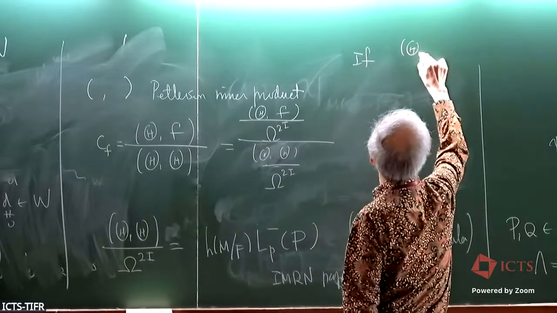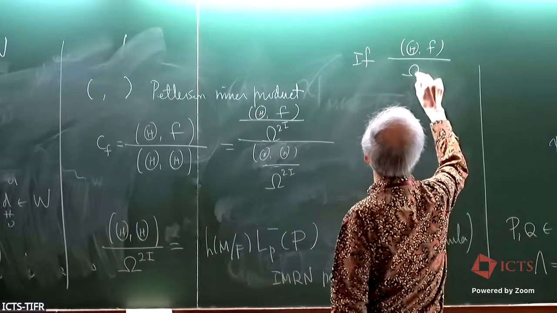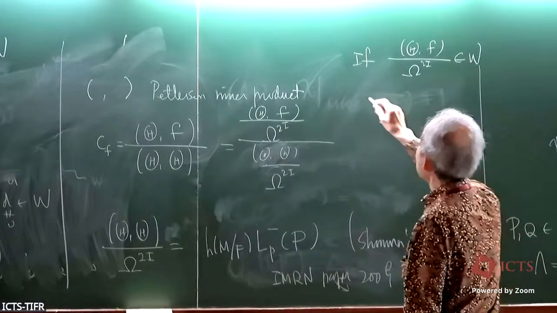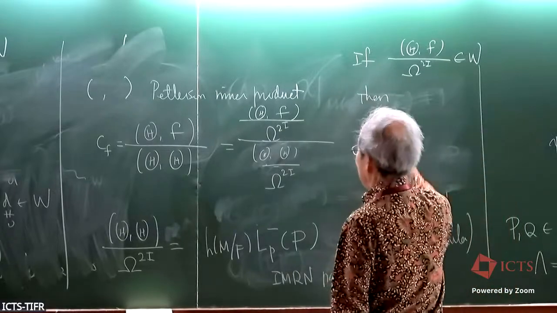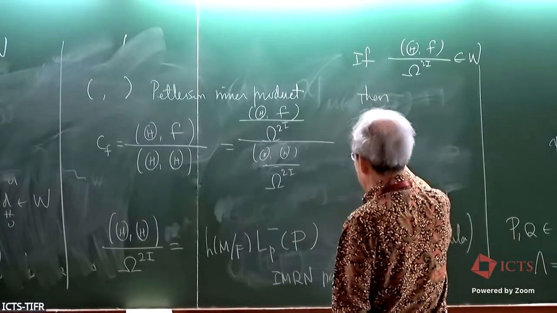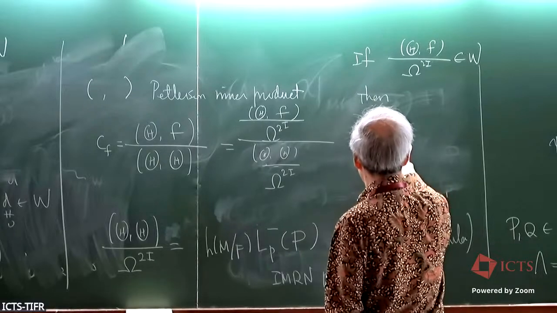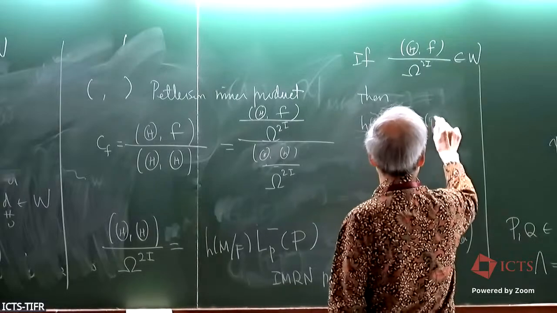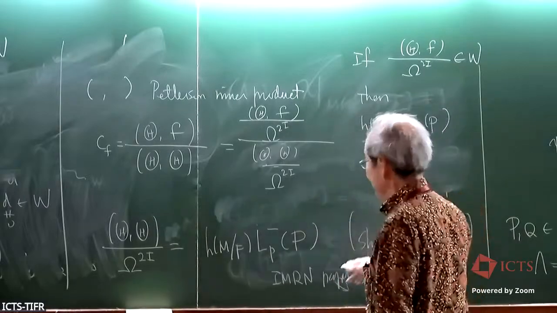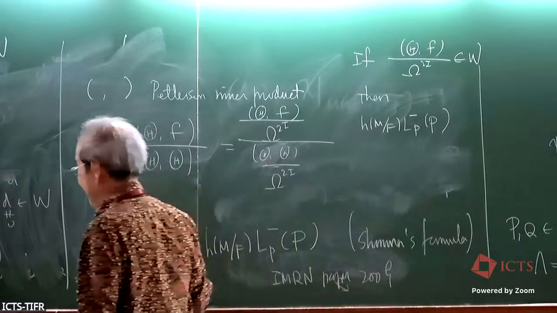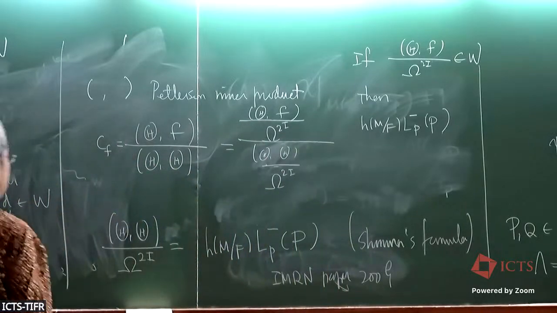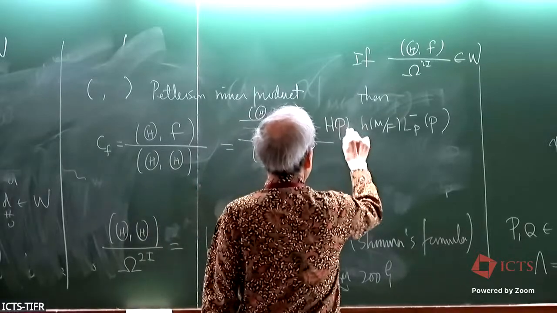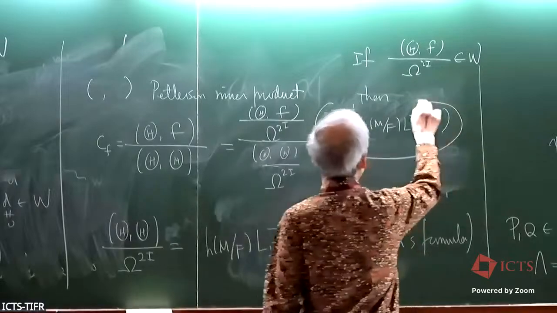If this is in W, then H, M over F, L minus P, you multiply this guy to C_F, you get an integer. That means it is divisible by H_P. This is what I want, right?